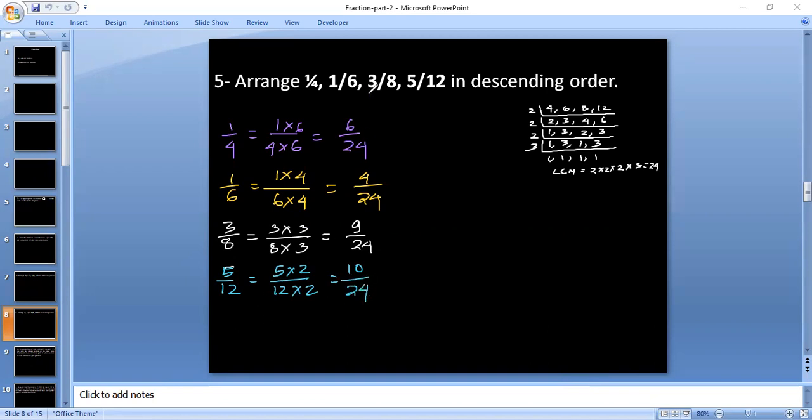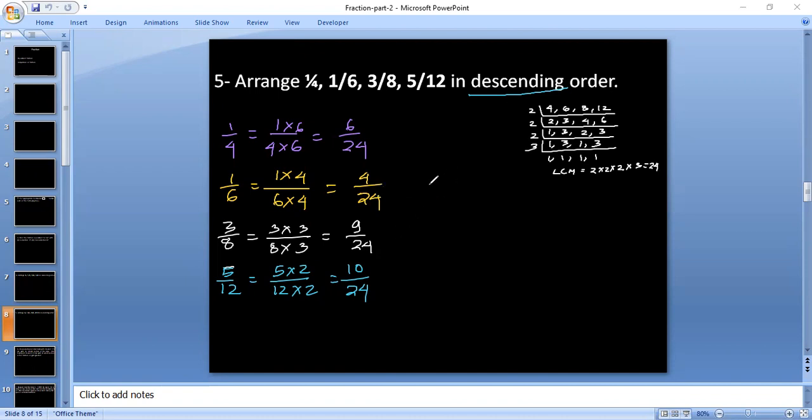Look on the screen here. Now all these are like fractions. It will be very easy to see which one is greater and which one is smaller. Here the question asks you to arrange in descending order. That means greatest to smallest. So the greater numerator will be the greater fraction. Here 10 is the greatest, and then 9, then 6, and then 4.